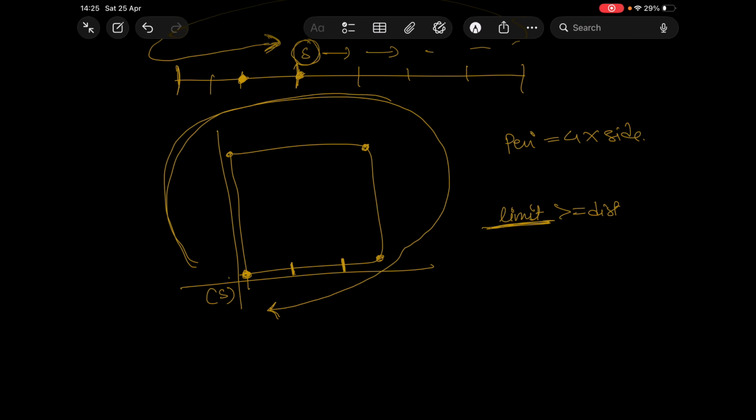This point is okay, this point is okay, this point is okay. From here this point is okay. Now from here I have to take the limit into consideration. Let's say I considered this one, because from here the limit was possible, and this is the last point.